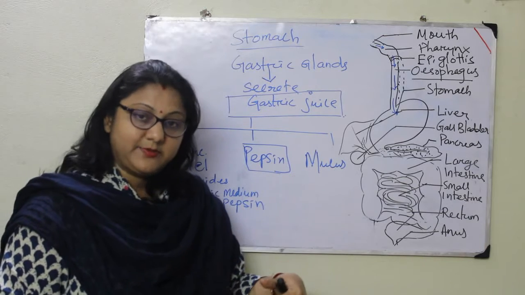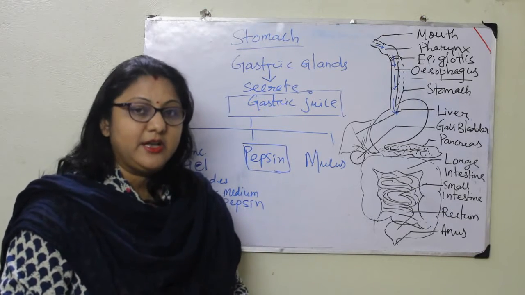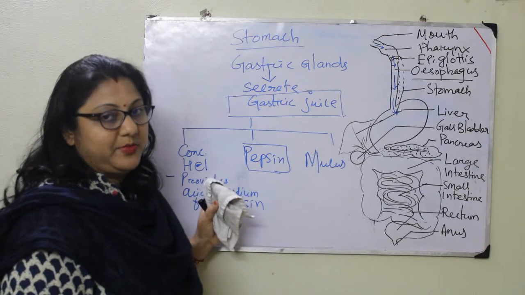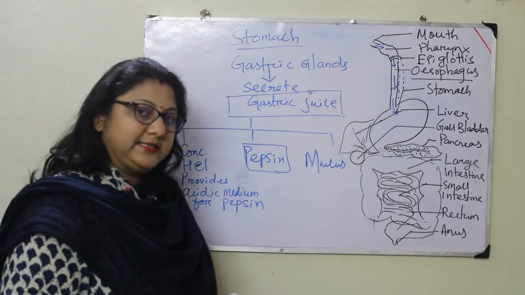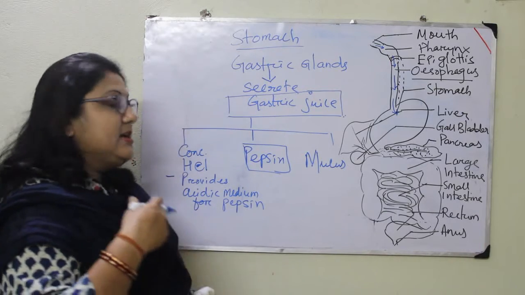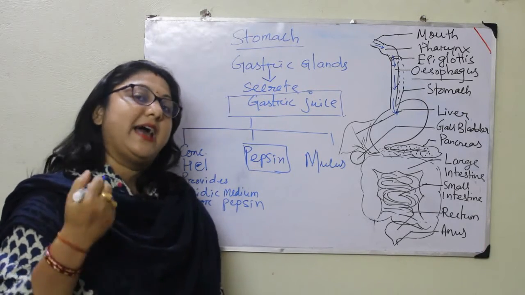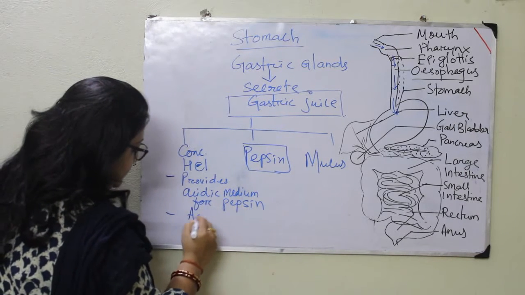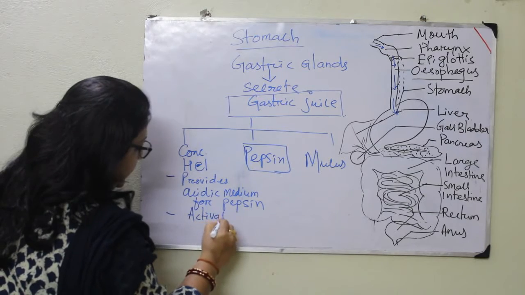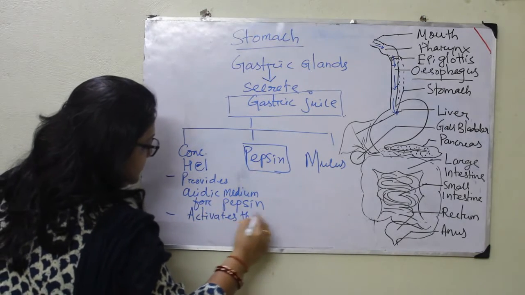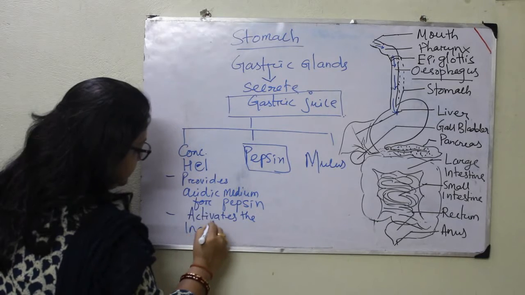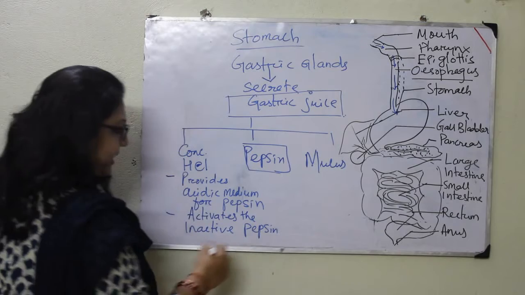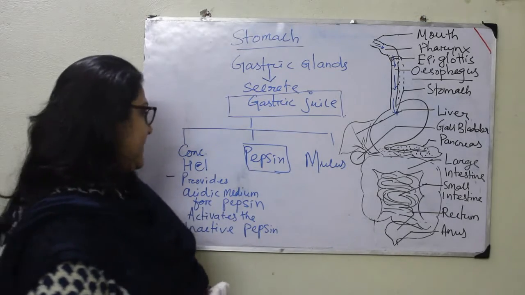How it gets activated, how it is ready for the reaction, is because of the presence of hydrochloric acid. So hydrochloric acid not only provides an acidic medium, it also activates the inactive pepsin.